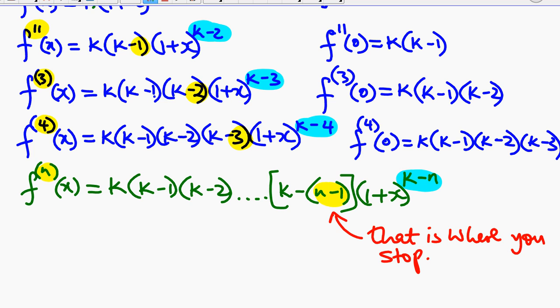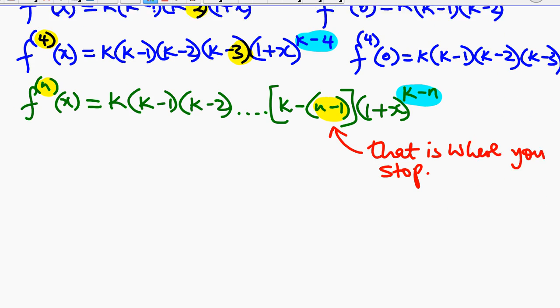Now we can find the Maclaurin series of this function, using the formula that we established initially.